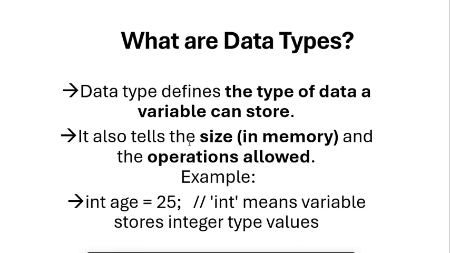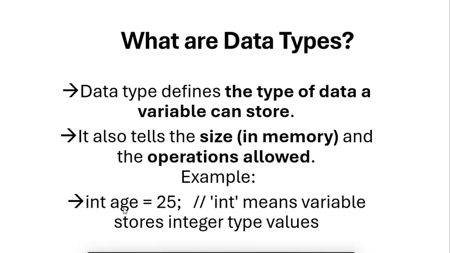It also tells the size and the operations allowed. Based on the size of that value, the data type is going to allocate memory for it. Let us see the example. Int is a data type.